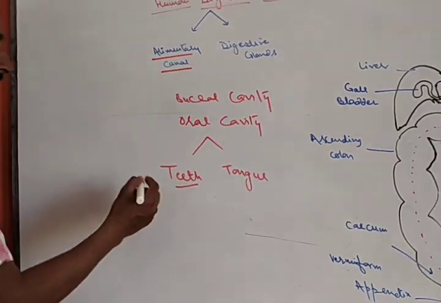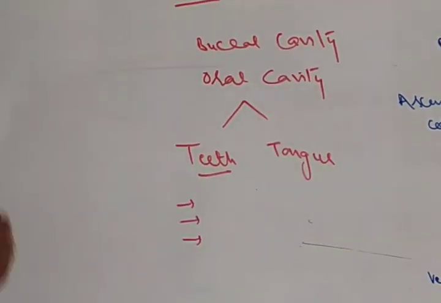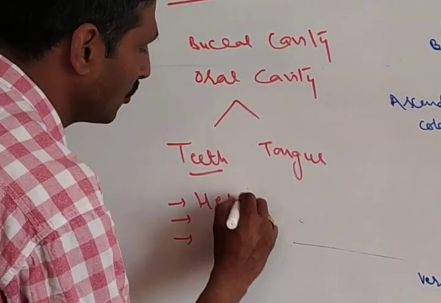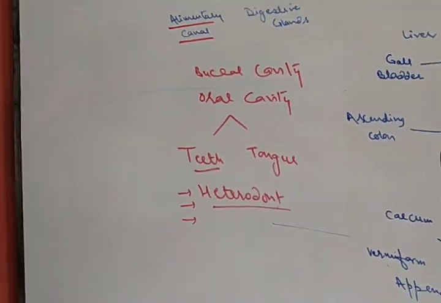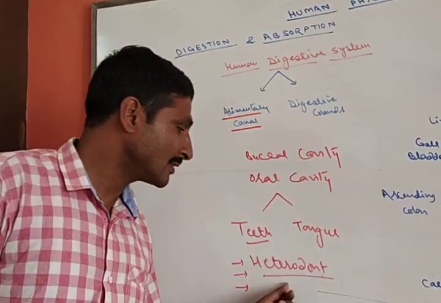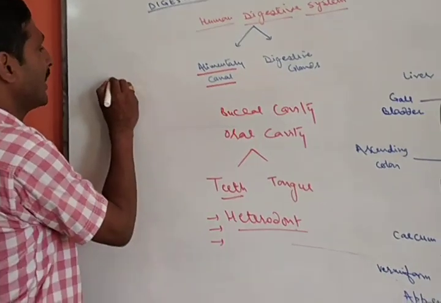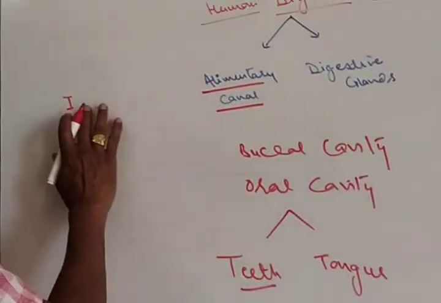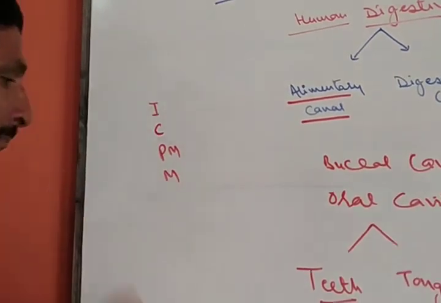If we talk about teeth, the following terms are related to them. First one is heterodont. Human teeth are heterodont. Heterodont stands for the occurrence of more than one type of teeth in human beings. For example, in human beings there are four types of teeth: incisors, canines, premolars and molars.